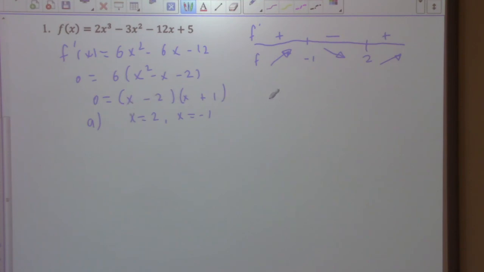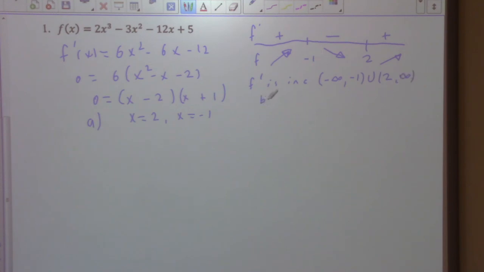Well, because you have a quadratic, right? And it's a positive quadratic, so we know if we graph the quadratic, it's going to look like this, right? So we know we're going to have positive to the left, negative in the middle. These zeros have multiplicities of 1. So that's it. So f is increasing on what interval? Negative infinity to negative 1, and 2 to infinity.